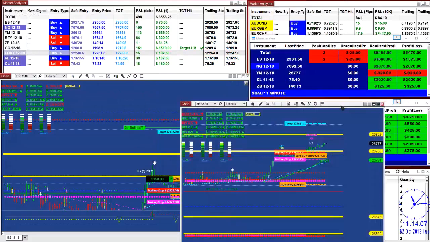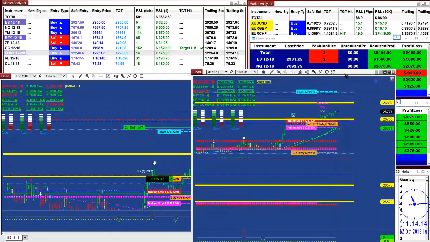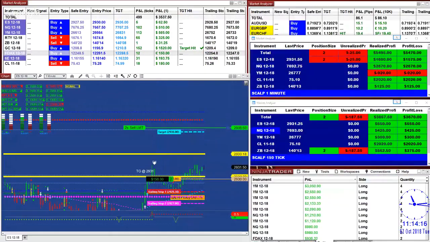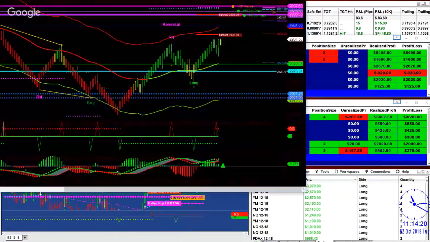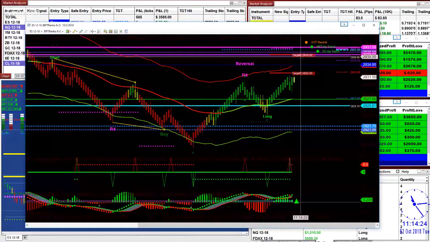Also, we have a short on the YM. Once we hit the target, we have a short trade actually on that area. But we need to get all the way up there in order for us to take the short. And we have a short reversal trade also on the NASDAQ, on the ES. I'm still from when we first started at 10 o'clock.